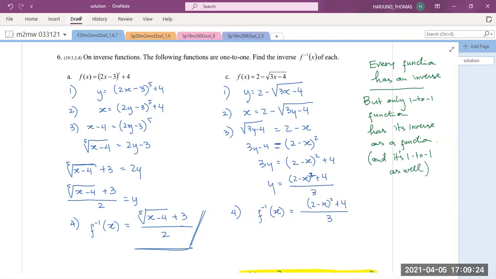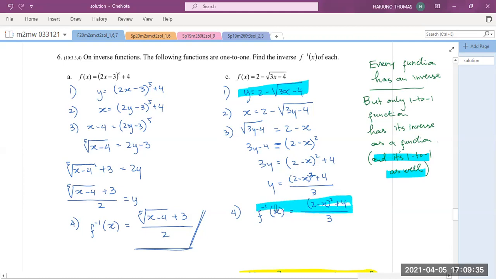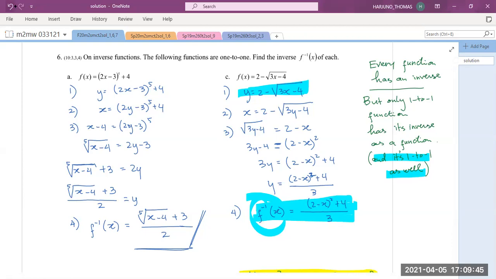Now, this is where it breaks down. I have this function that is one-to-one, so the inverse is also a function. I have the right to use the functional notation here. But the issue is it is not a one-to-one function.